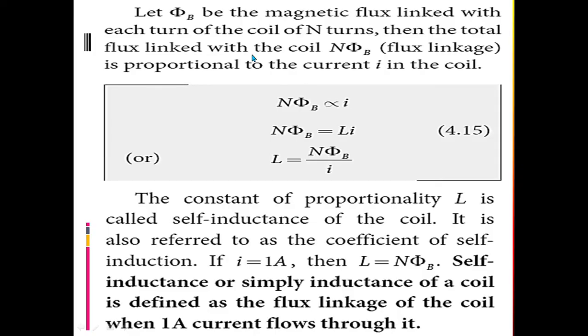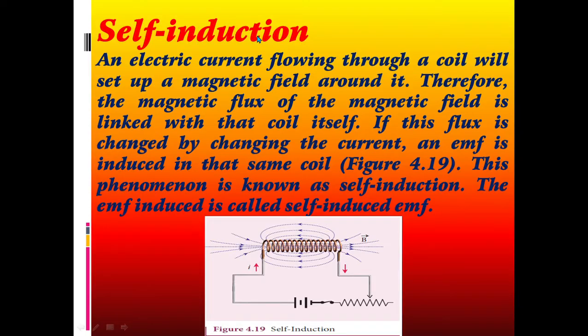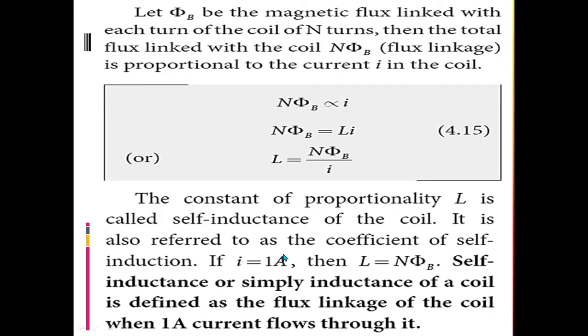What is the symbol of magnetic flux? Phi B. Let phi B be the magnetic flux linked with each turn of the coil. This magnetic field is linked with each turn of the coil, and there are N turns of the coil.